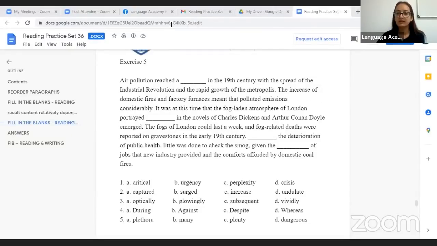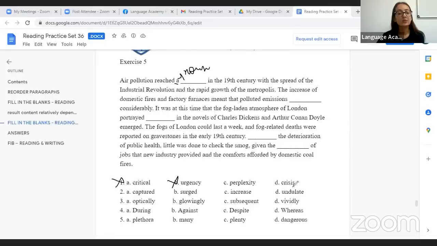Some mistakes. Air pollution reached a dash in the 19th century with the spread of the Industrial Revolution. So with A, we cannot put something starting with U, so urgency will be the first thing eliminated. Critical is not a noun. With A and the, we always put a noun. Critical is an adjective.